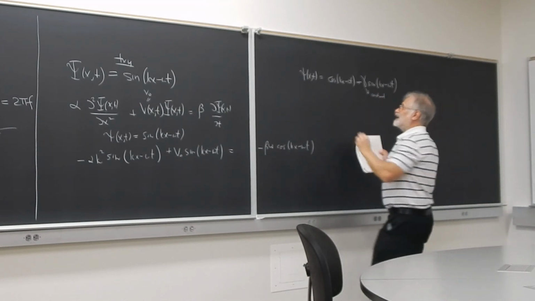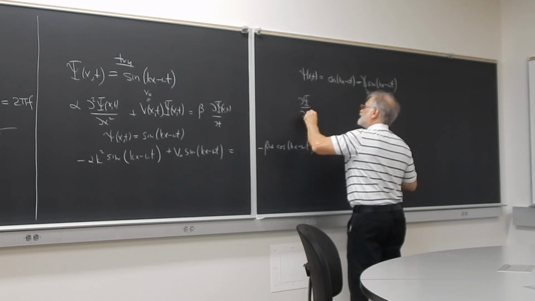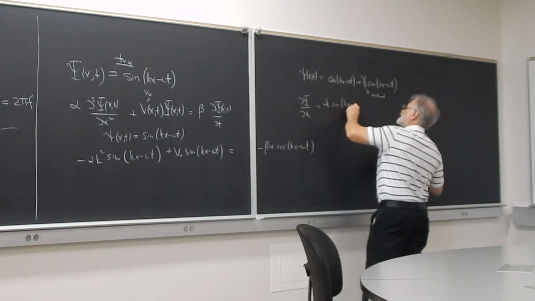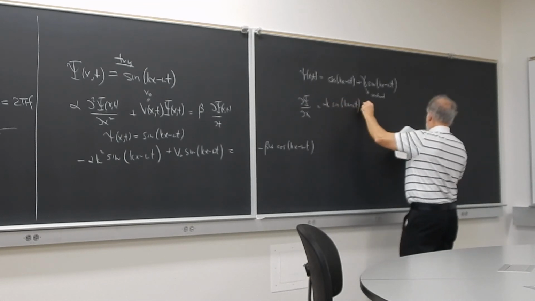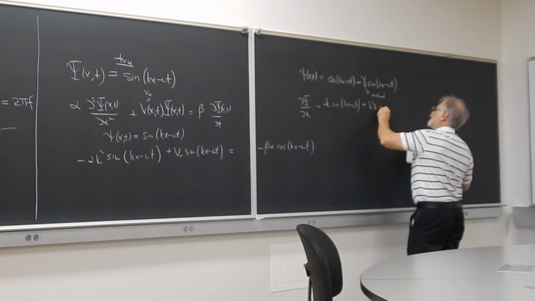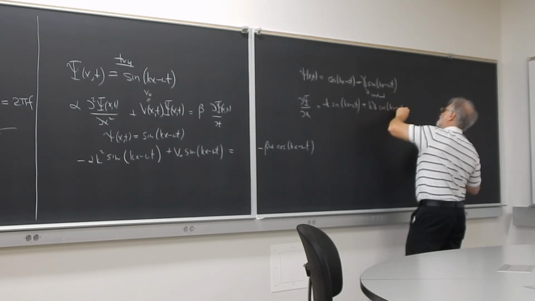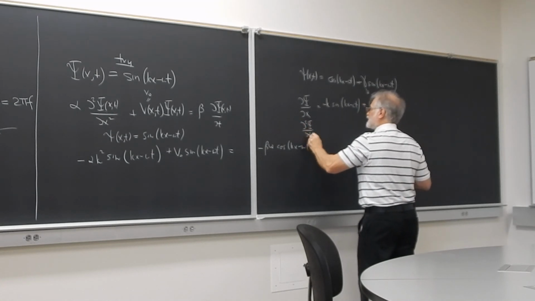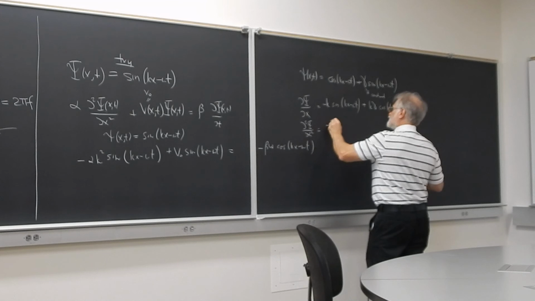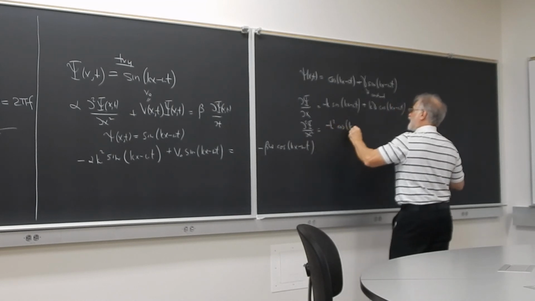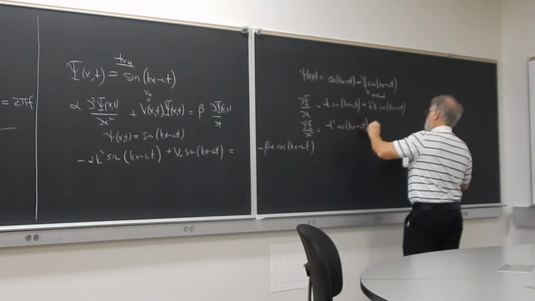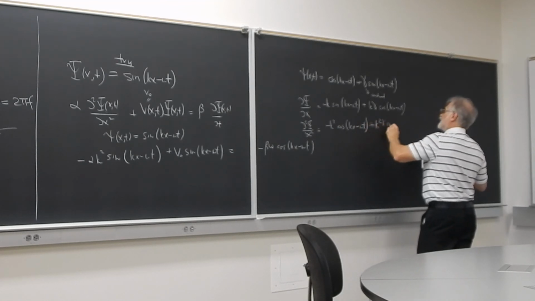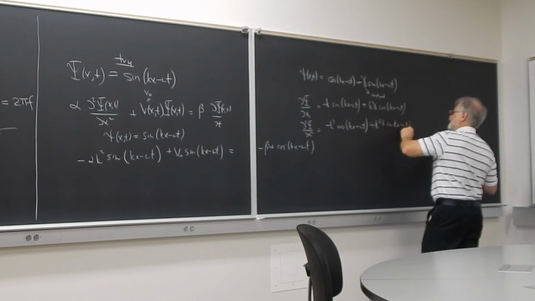Notice what happens. Take the first derivative: d psi dx is minus k sine(kx − ωt) plus k gamma cosine(kx − ωt). The second derivative of psi with respect to x is minus k squared cosine(kx − ωt) minus k squared gamma sine(kx − ωt).